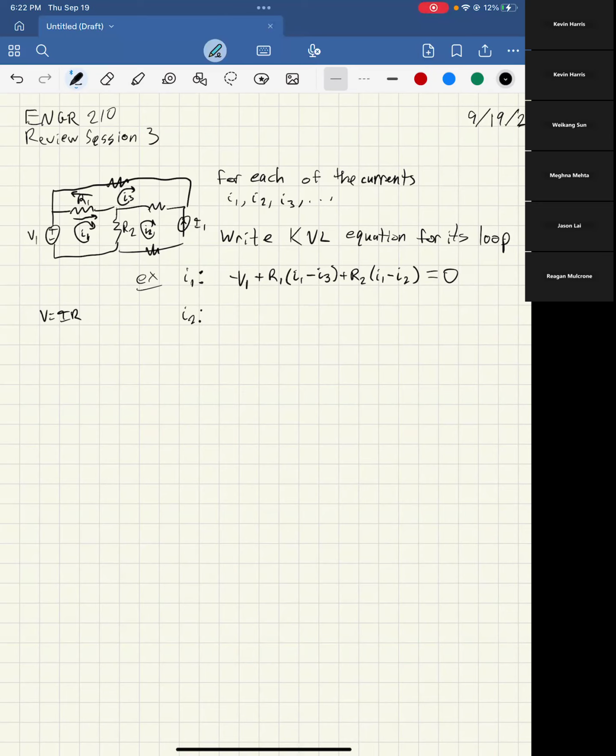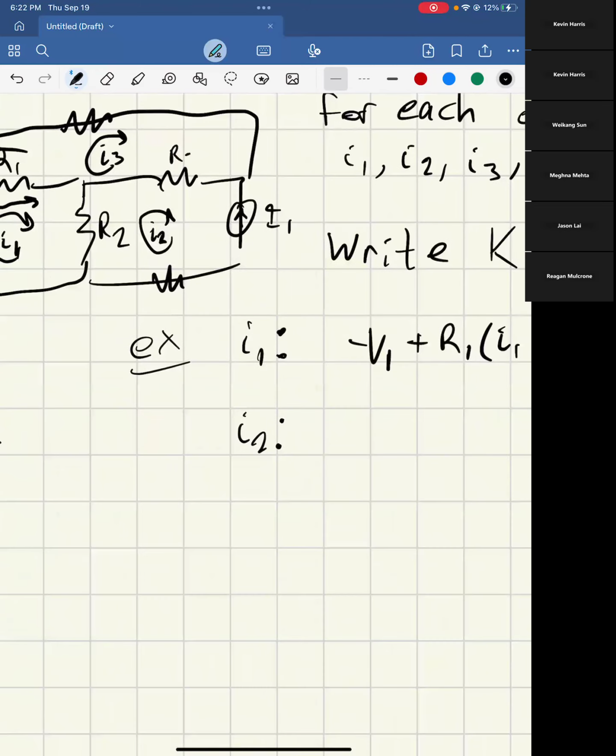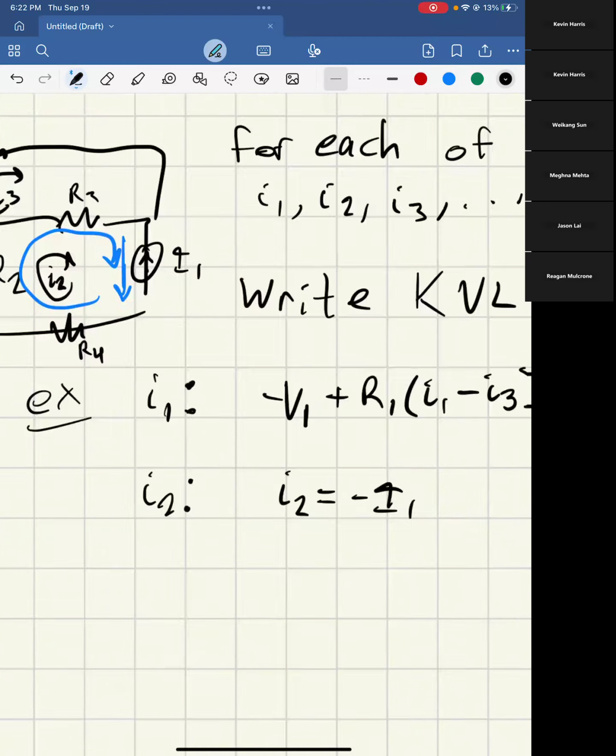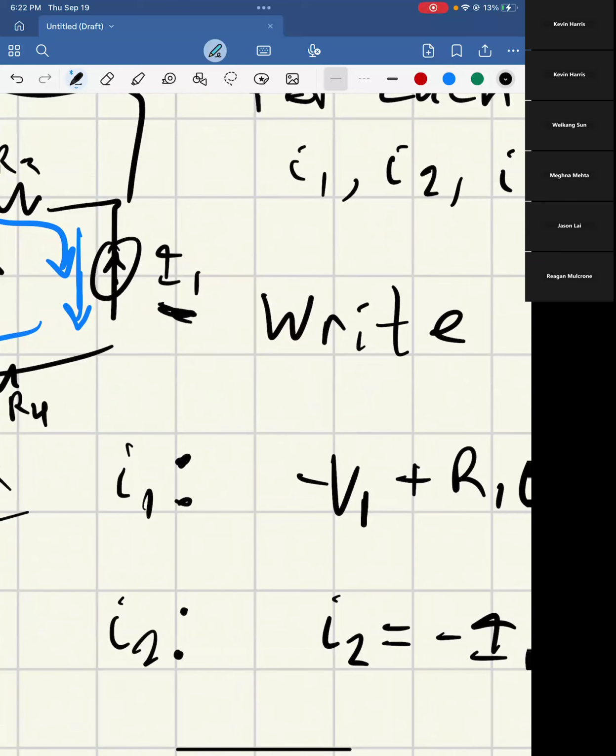So for I2 here, you could look at this and say, oh, we have R3 and R4, and so on. But what we can also see is that around I2, we have it go through this current source. And this current source is only attached to this I2 loop. And so what that tells us is we can just directly say that I2 is equal to negative I1, I1 is what I've decided that this is.